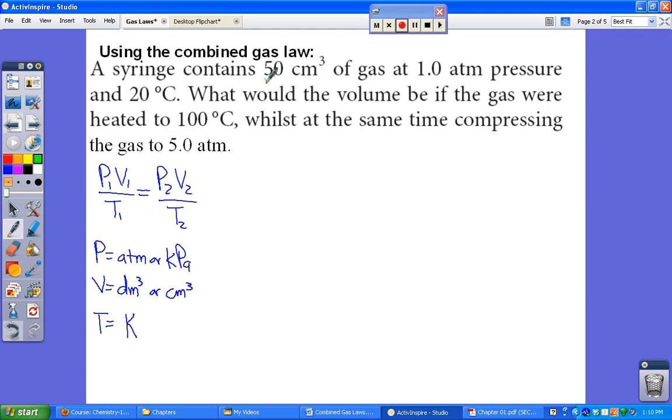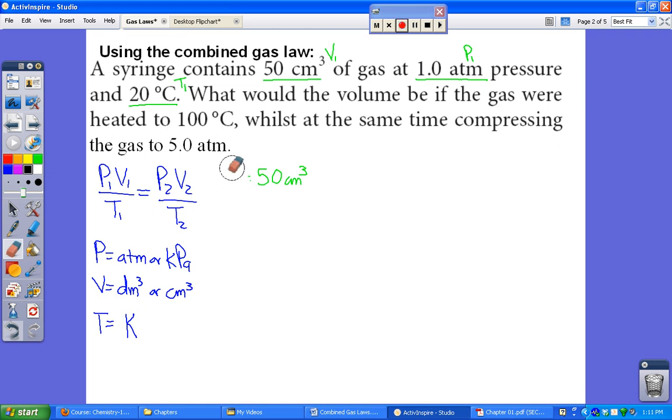The syringe initially contains 50 centimeters cubed. That would be V1. At 1 atmosphere, that would be P1. And 20 degrees Celsius, that would be T1. Oh, excuse me, that wouldn't be P1, would it?